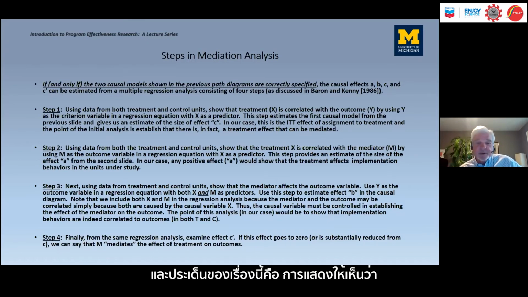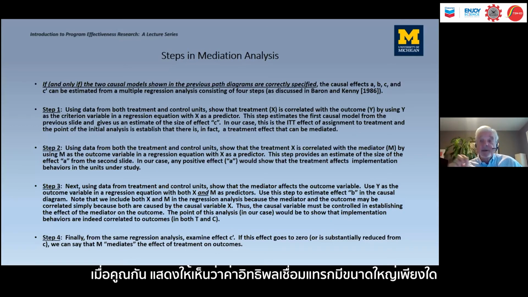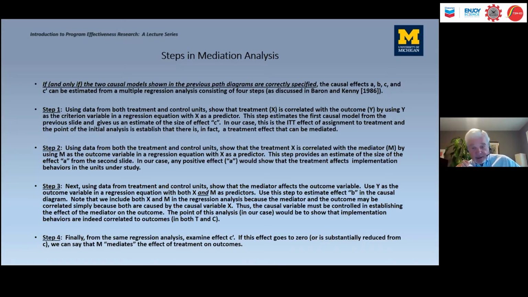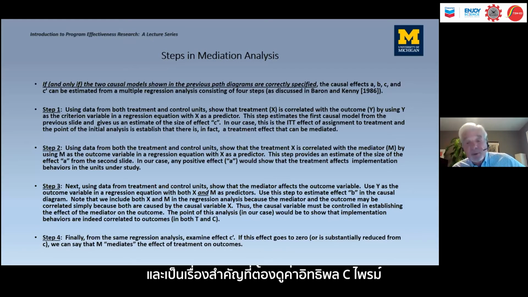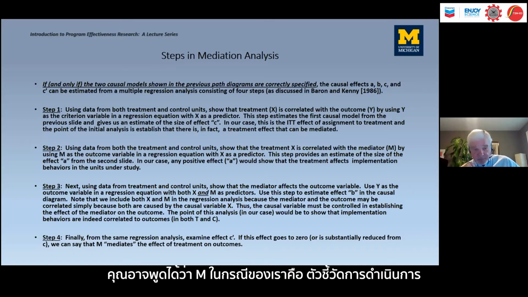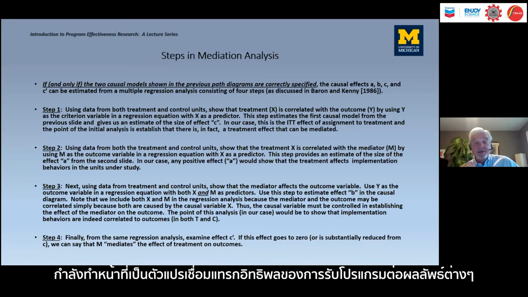The point of this would be to show that implementation is indeed correlated to outcomes, and the A and B effects, when multiplied by each other, express just how big that mediation effect really is. C prime is important to look at, because if that effect goes to 0 or is getting reduced, then we can say that M, in our case implementation indicators, is actually mediating the effect of treatment on outcomes.